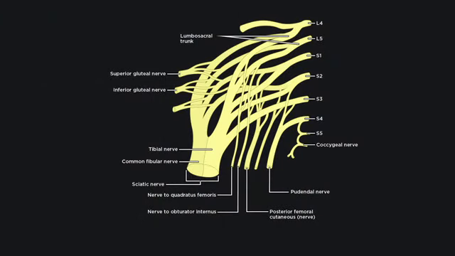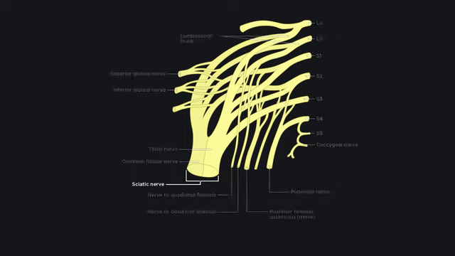And while all the hamstrings are supplied by the sciatic nerve, we can be even more specific here. Both the semimembranosus and semitendinosus are supplied by the tibial portion of the sciatic nerve. The long head of the biceps femoris is also supplied by the tibial part of the sciatic nerve, but its short head is the only muscle in the body said to be supplied by the common fibular portion of the sciatic nerve, before it branches into the superficial and deep fibular nerves.